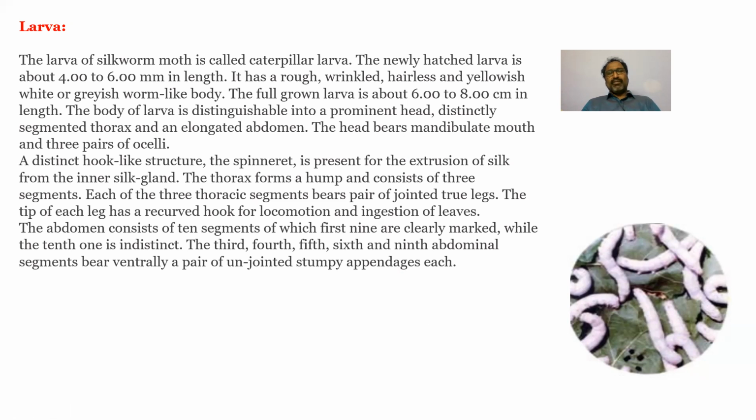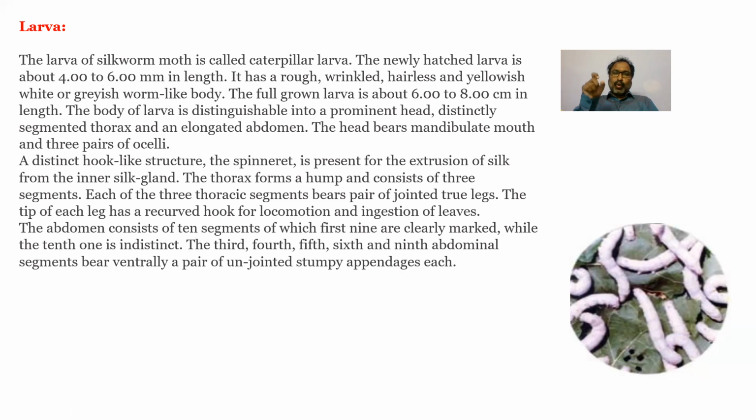The body of the larva is distinguishable into a prominent head. The head is distinct, clearly visible. It is distinctly segmented into thorax and elongated abdomen. The head bears a mandibulate mouth, with hard jaws, and 3 pairs of ocelli.